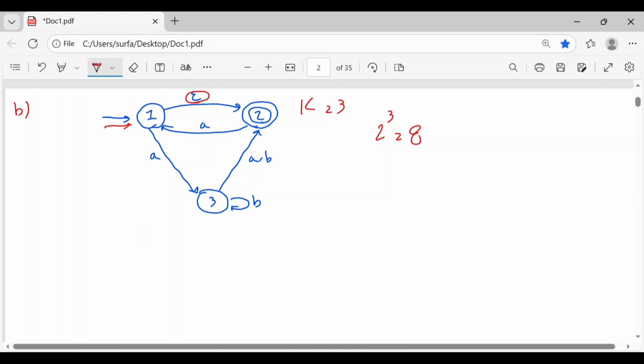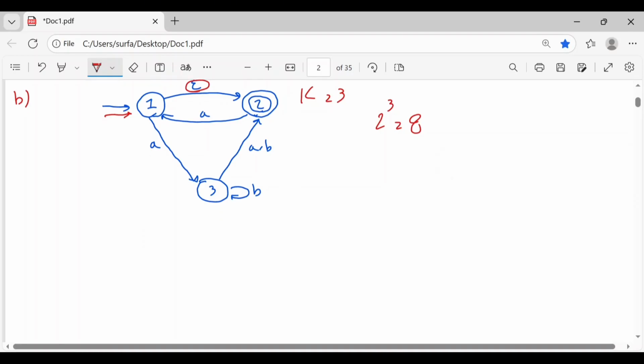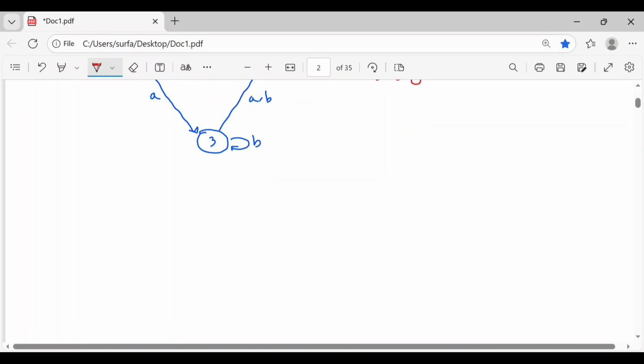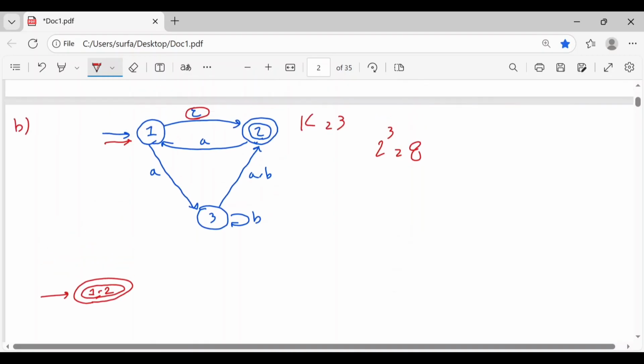So here we must have this state as our first and start state, so it will become like this, containing 1 and 2, because when we start our NFA, we can stay in 1, or if we use the epsilon transition, we can go forward to the next state that is equal to 2. So this is our first state, and after that we must check some things.